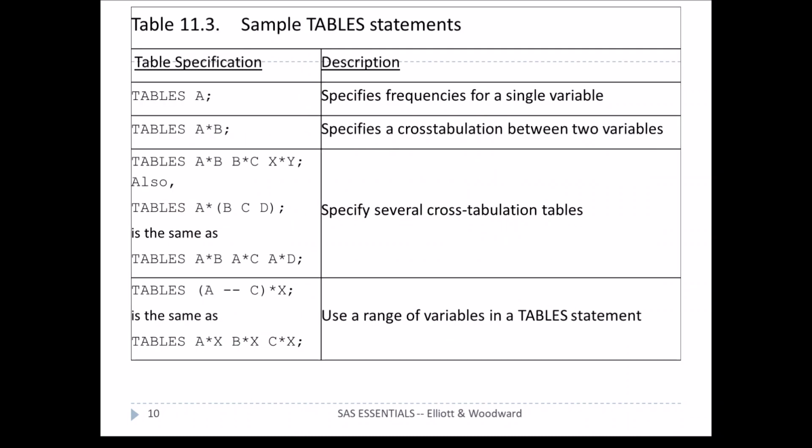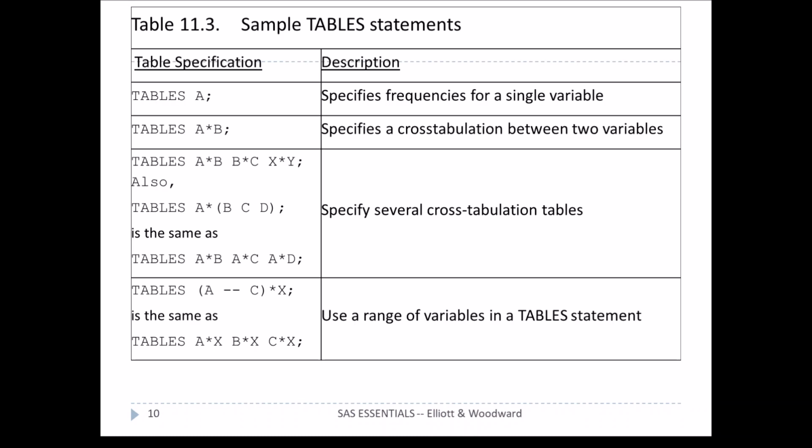Here are some more sample TABLES statements. Again, we looked at TABLES A, which is just a single variable. A and B are variable names here, just to make it short and simple. TABLES A*B, or A by B, specifies a cross-tabulation of two variables. You can also ask for many tables at a time. So TABLES A*B B*C X*Y.